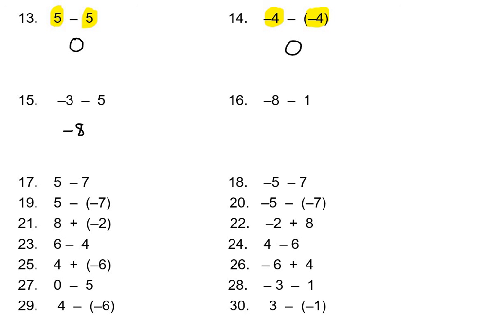Think about it in terms of yardage on a football field. We're 3 yards behind the line of scrimmage, and then I've lost another 5 yards, so now I'm 8 yards behind the line of scrimmage. And again, we can always go back to this idea that subtraction is the same thing as adding the opposite. So -3 and -5, 3 negatives, 5 more negatives, altogether you have 8 negatives.